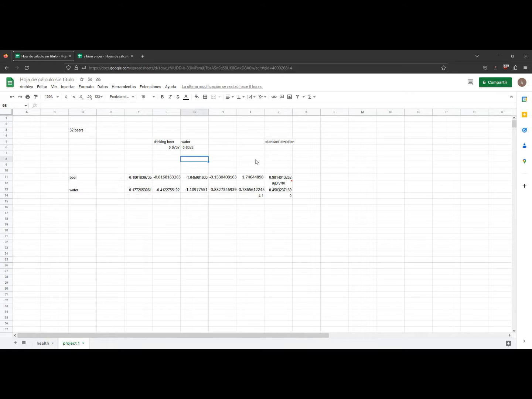I wonder how different the standard deviation is on the days I did drink beer versus the days I didn't. It's 0.98 for the day you drank, and 0.45 for the day you didn't drink.